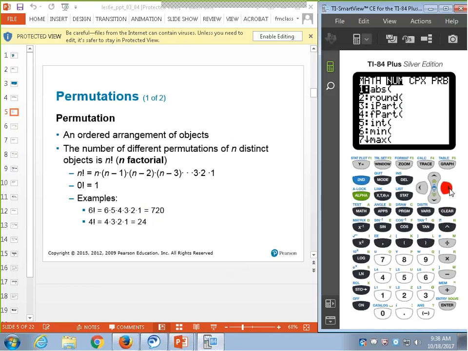So use your right arrow key 3 times, highlight probability, and the exclamation point is the factorial, which is number 4. You can just hit number 4, which is shorter. There's the factorial sign. Hit enter, and it doesn't show you 6 times 5 times 4 times 3 times 2 times 1, it just gives you the answer, which is 720.